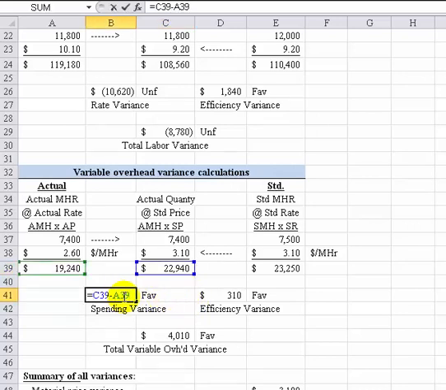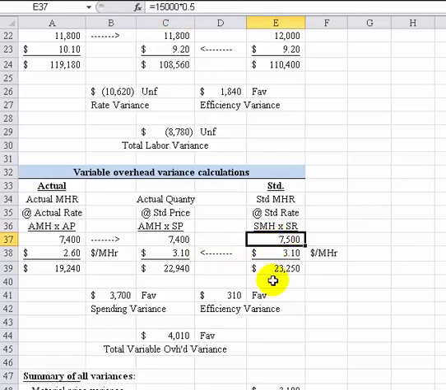So this is spending variance. It's the difference in price of the variable overhead when we used 7,400 machine hours. When we compare the middle ground to the standard, we're actually comparing at the standard machine hour rate, the dollar per machine hour, which is 3.10, the difference between 7,400 and 7,500 quantity used.